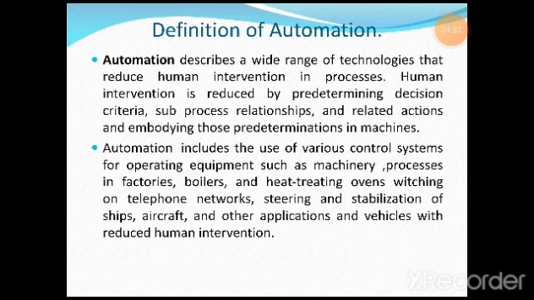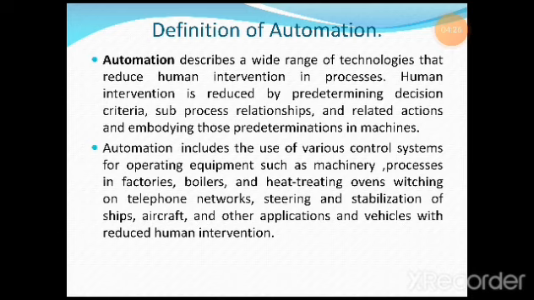So we can say that in a manufacturing system where automation is used, there is no direct involvement of the human worker. This is very, very important. Automation includes the use of various control systems. We require control systems, then only is it possible to make the system automated for operating equipment.